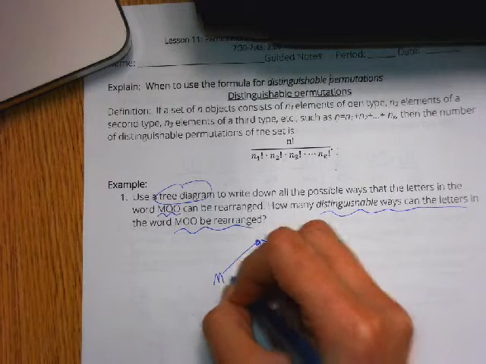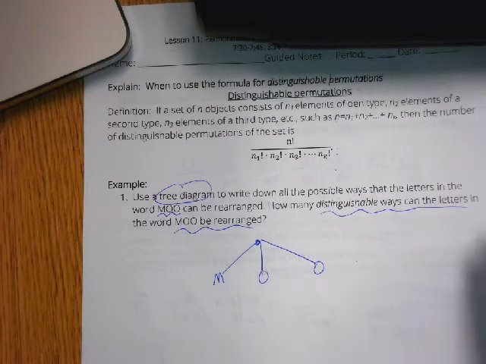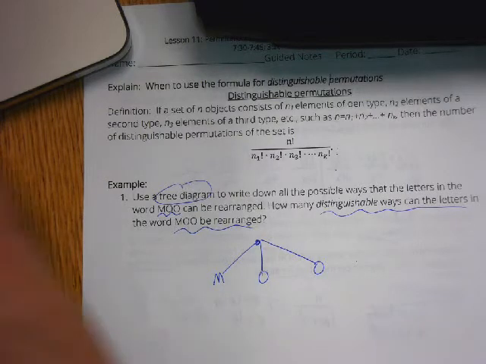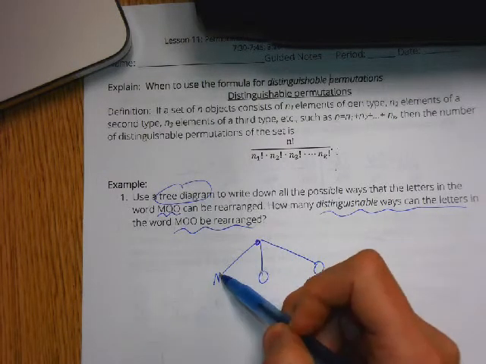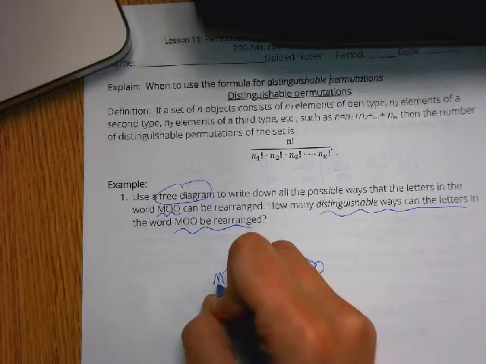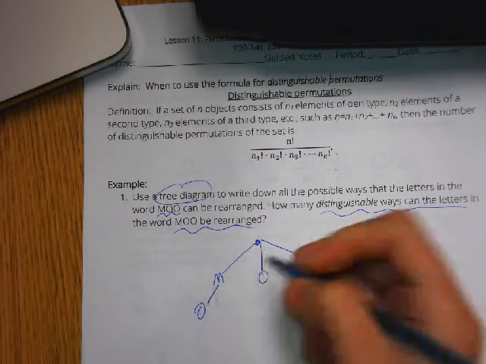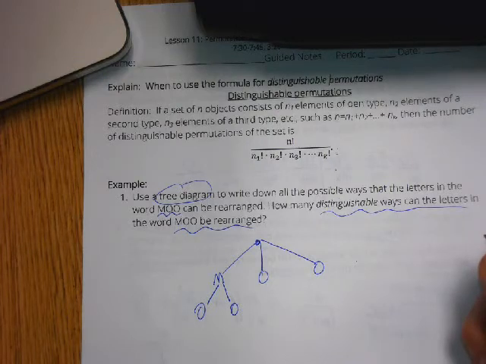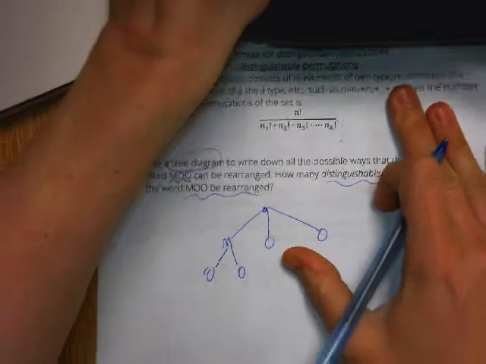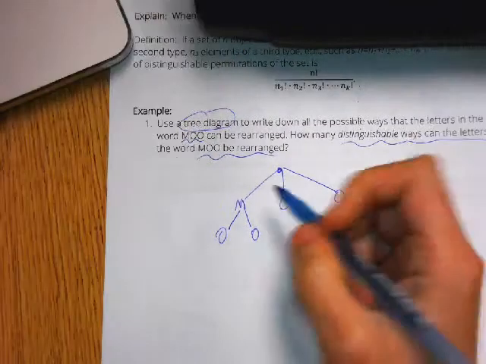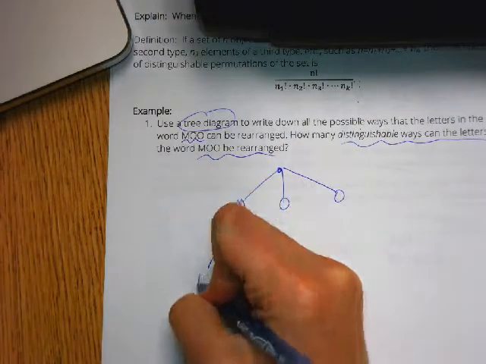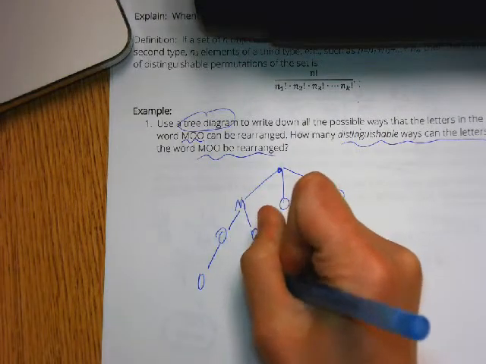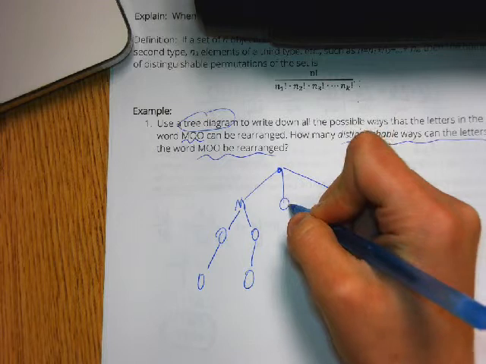So let me use a tree diagram and branch out for each letter, M, O, O. If I go to M as my first choice, I can go to O as the next choice, one O or the other O. And if I go to MO, my third choice would be O.